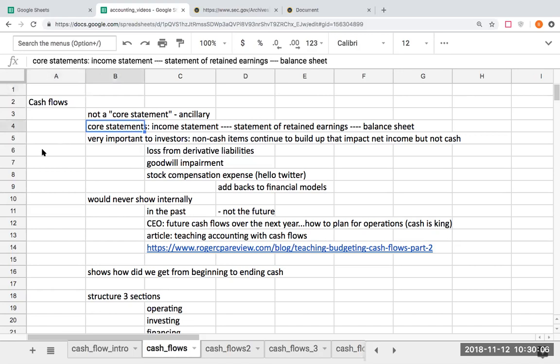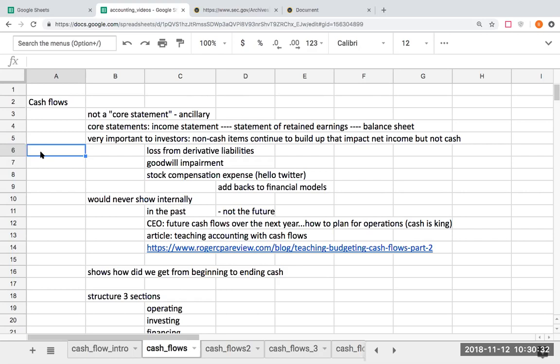However, it's not a core financial statement. When it comes to teaching accounting, I generally do not teach cash flows, nor do I mention it until the very end of the semester. The reason why is that if you teach it properly, the final is essentially cumulative, because guess what?